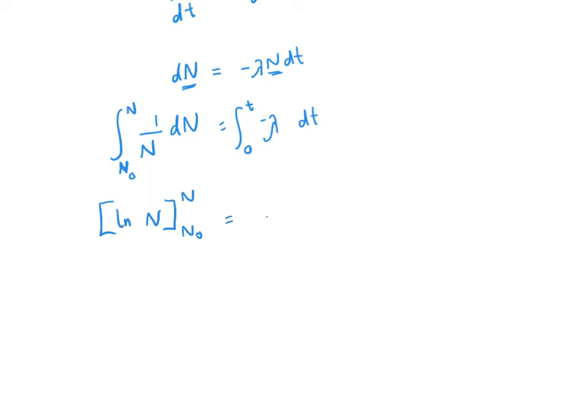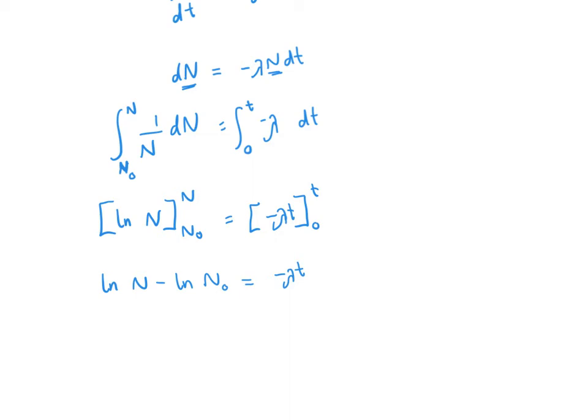And that will be minus lambda t, with these limits. So I have ln of n minus ln of n naught is equal to minus lambda t. Since at t equals 0, lambda times 0 is 0, I will ignore that bit.